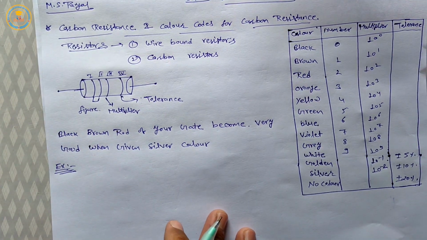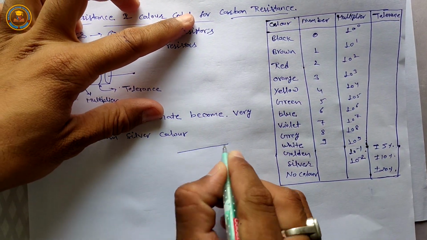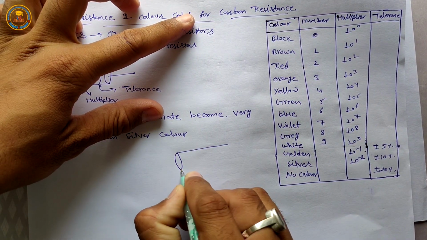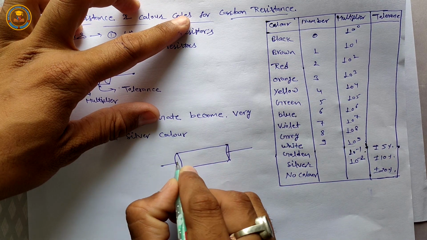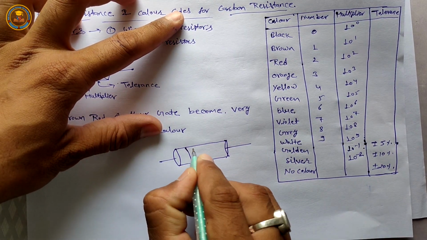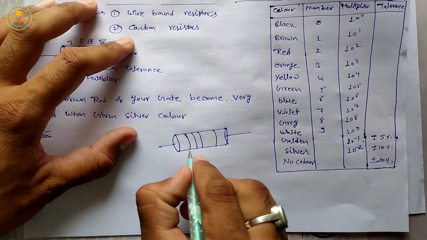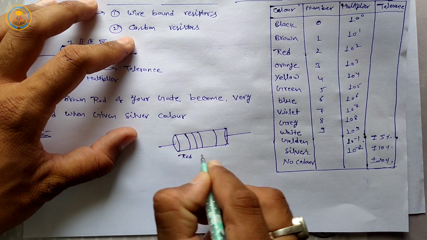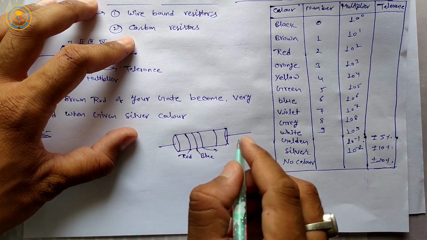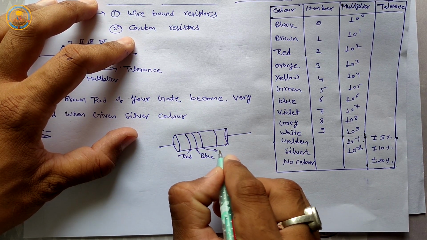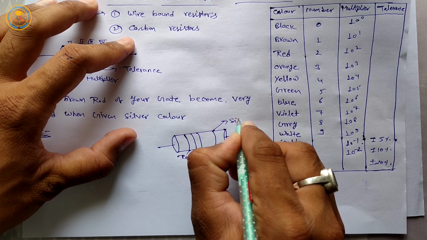Okay, suppose in a question a diagram is given like that. Here four color rings are present like this. The first represents red color, the second represents blue color, the third ring represents green color, and the fourth represents silver color.